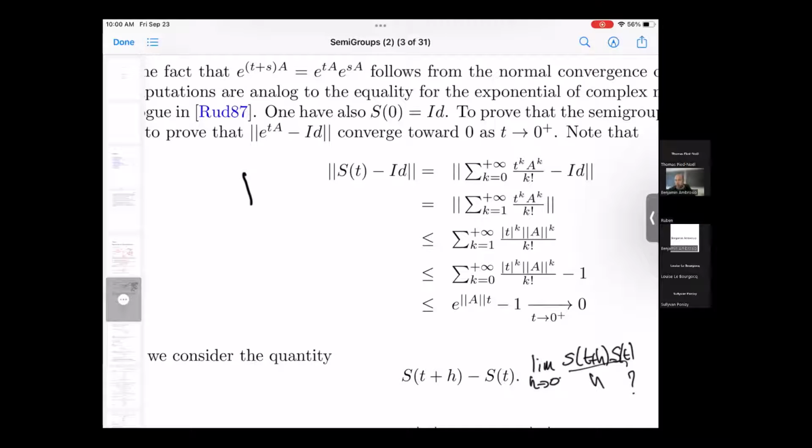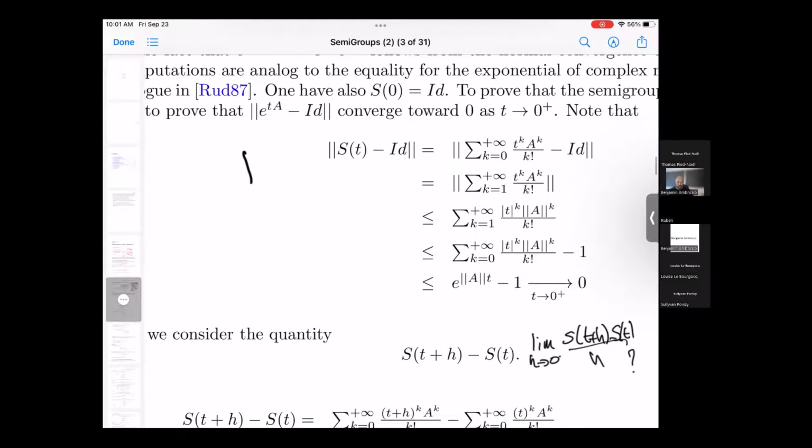All right, so we are now going to prove that we can differentiate S(t) with respect to the variable t. To do so, we consider the expression S(t+h) minus S(t).